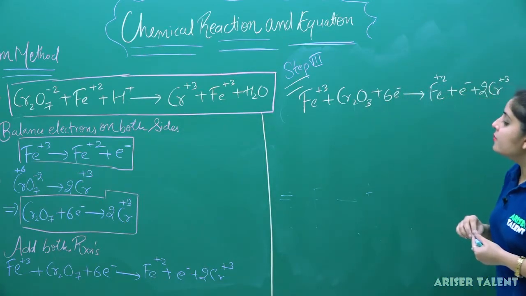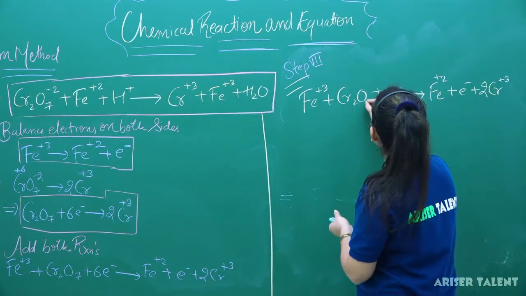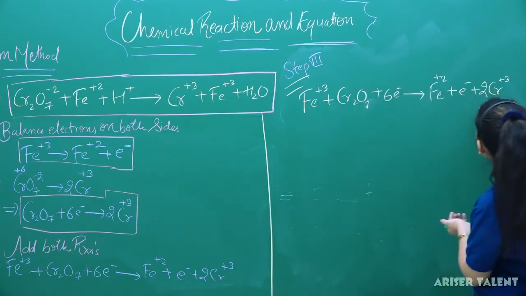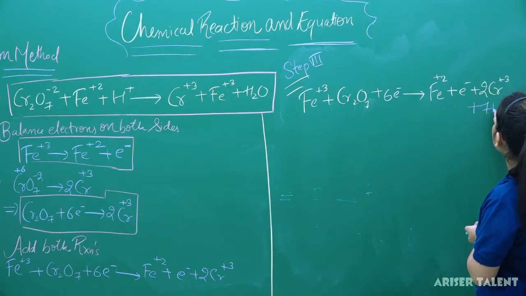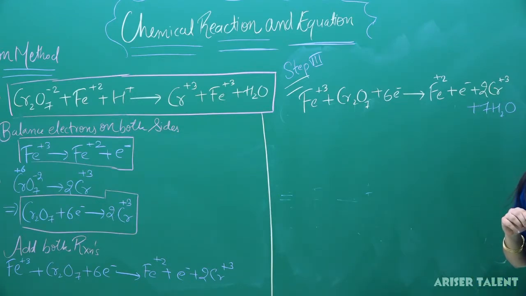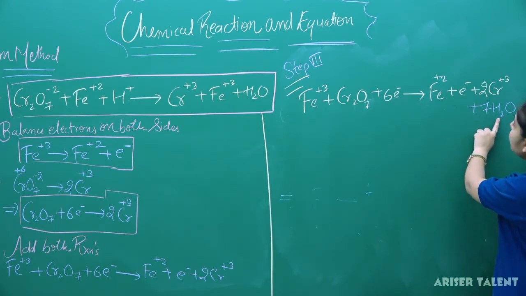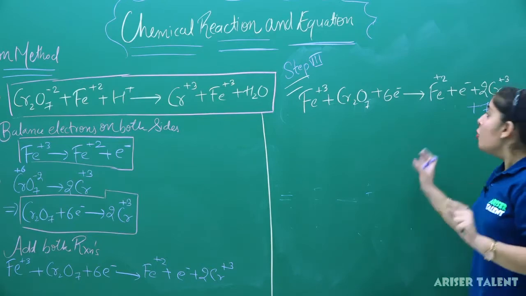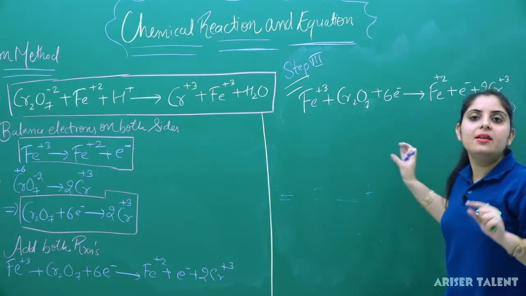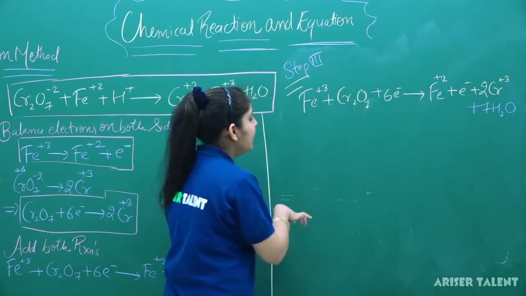Now here we have 7 oxygen atoms, Cr2O7. So I am adding 7 H2O on this side because I have to keep the oxygen atoms 7. Now what you have observed here, 7 into 2, that is equal to 14. 14 H+ ions are present in the product side of the equation. So we have to balance these 14 on this side.